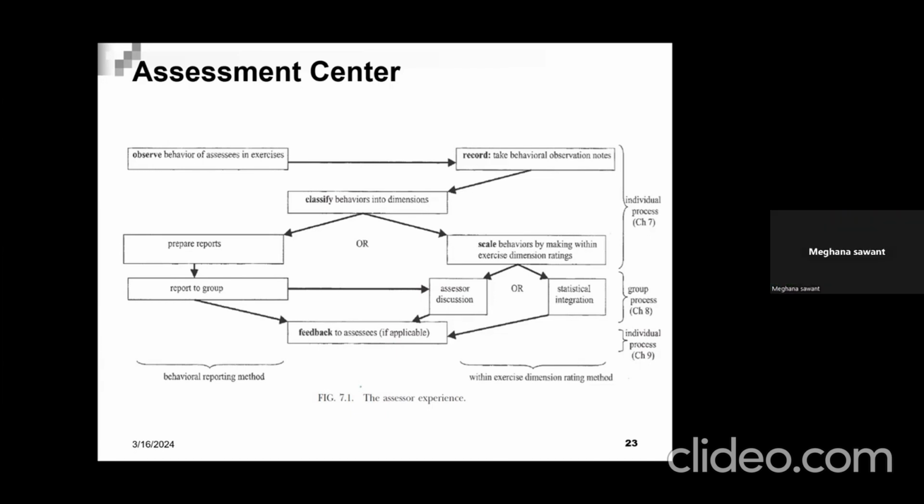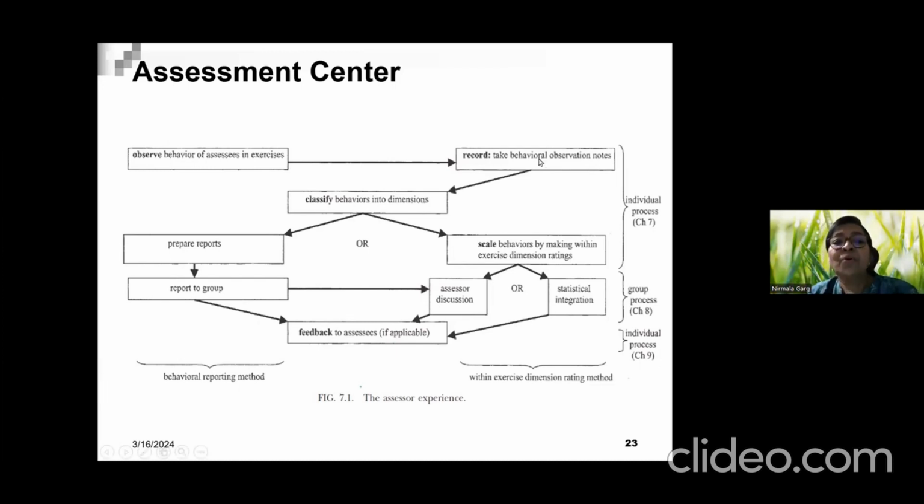These assessors observe the behaviors while the exercises are being done. Have you noticed here? They are observing. They are not commenting. They are not judging. They are actually recording the observations, the behavior which is demonstrated by the candidates.